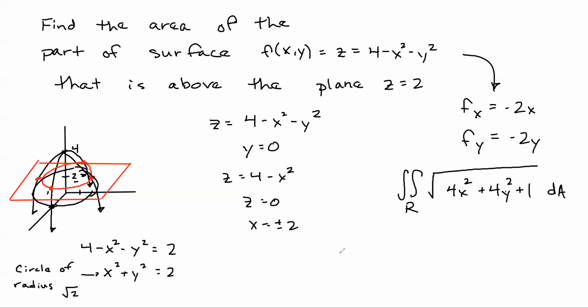Circle of radius square root 2. Okay, so that's the region over which we want to do our integration. That's going to be R; we want to integrate inside of that.